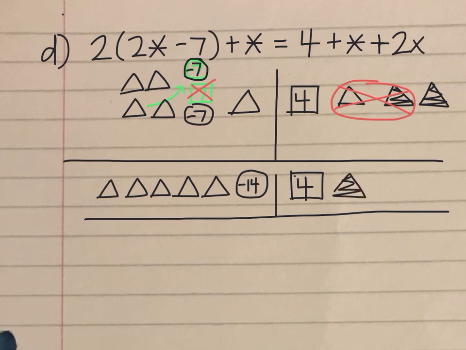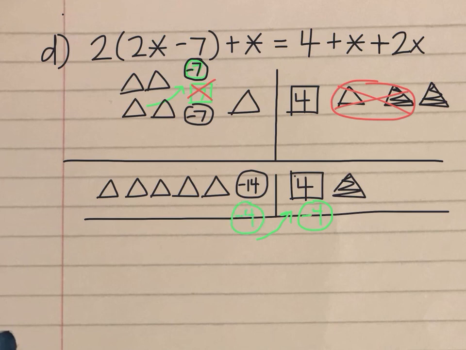So there's several things I can do, and I'm trying to figure out what to do first. Really, I could cancel anything on here, but I'm going to choose to cancel the +4. I am going to bring in a -4 on each side.